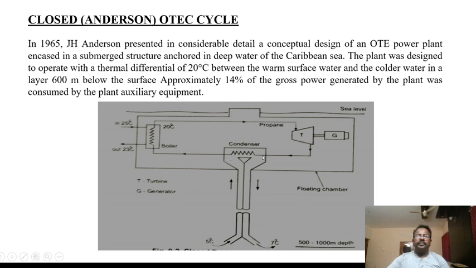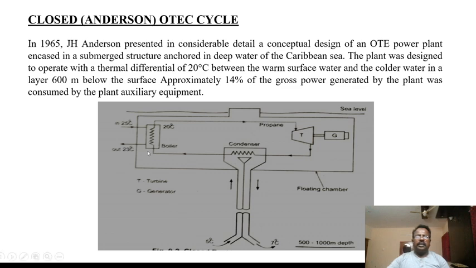So what happens in this condenser? The vapor state of the propane is converted into liquid state, and once again it is used in the cycle. So this forms a closed cycle. These are the four stages. In the boiler, the warm water loses temperature by 2 degrees centigrade and is taken back to the warm surface of the sea.